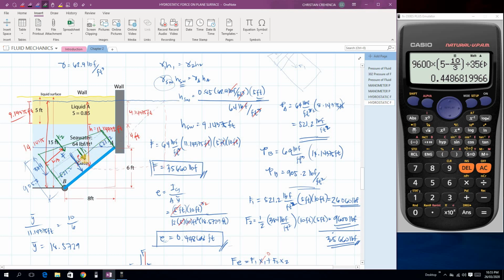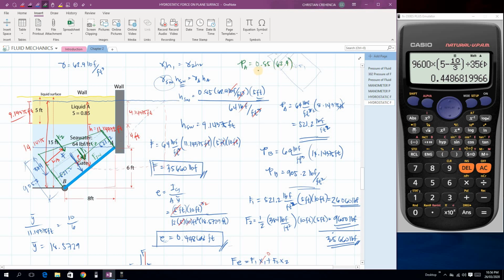okay. So, let's say, ito yung F due to seawater. Then, ito yung F due to liquid A. Okay. So, pwedeng ganyan. So, kunin mo lang yung pressure ng liquid A. So, yung pressure ng liquid A is equal to 0.85, then yung unit weight ng water natin na 62.4. So, hindi ko na ilagay yung mga units.